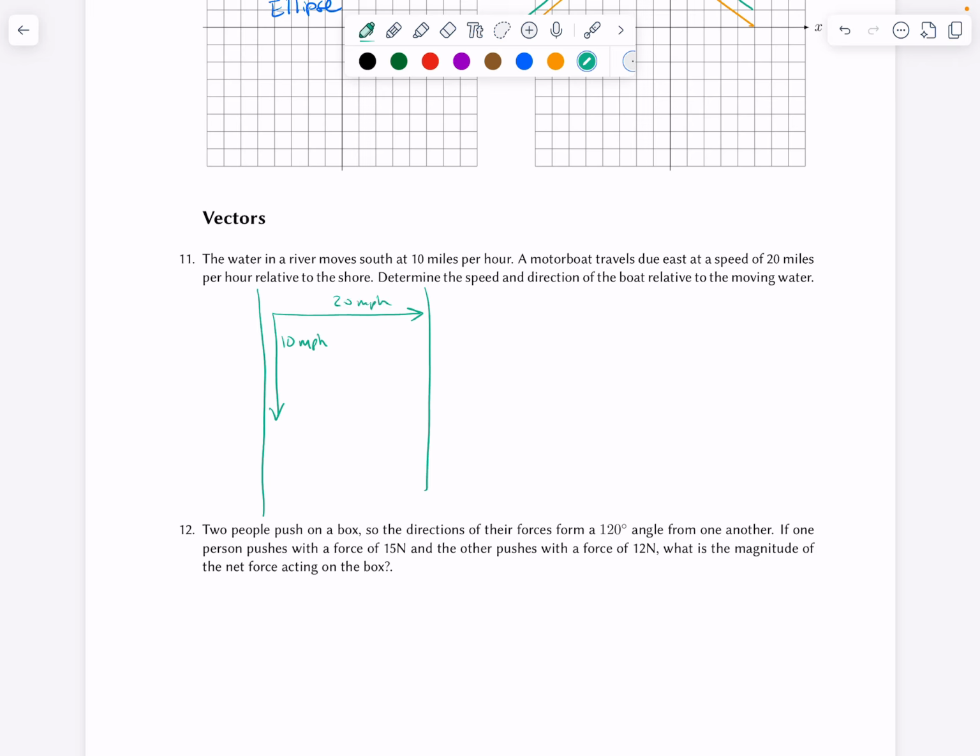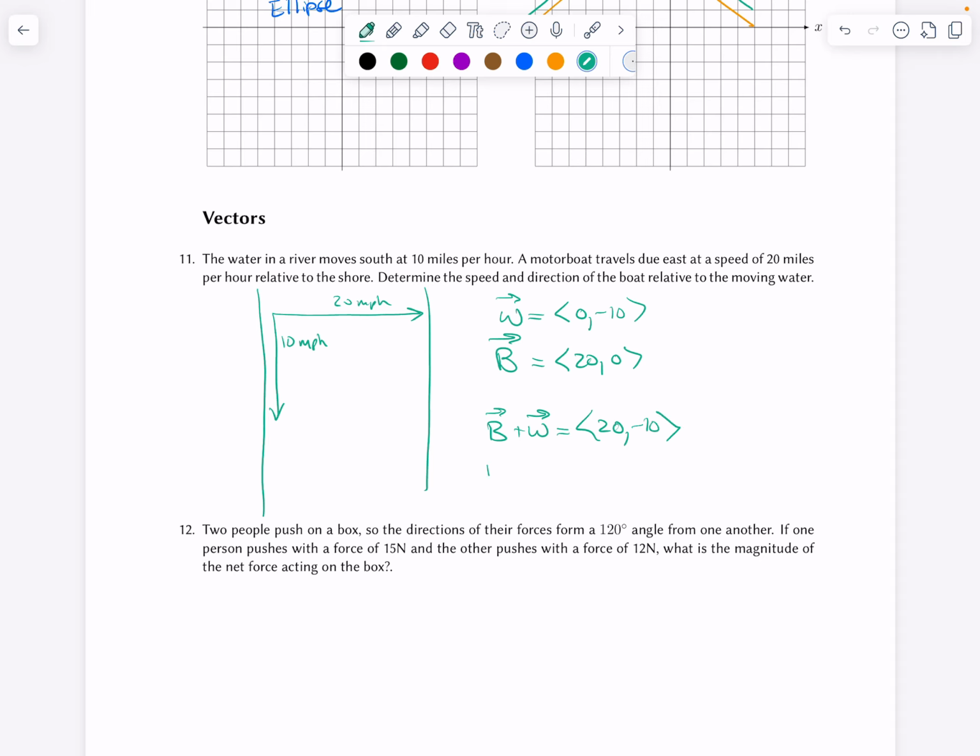Well, this one's actually quite easy. You have the water, which we'll call the w vector, 0, -10. And then the boat, we'll call that the b vector, is 20, 0. And we're going to add those together. The boat plus the water is the result, is 20, -10. And we need to know the speed.